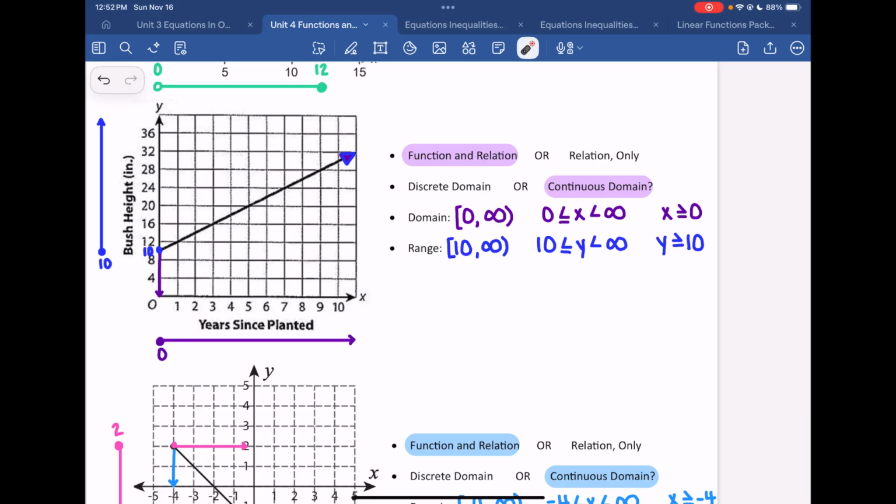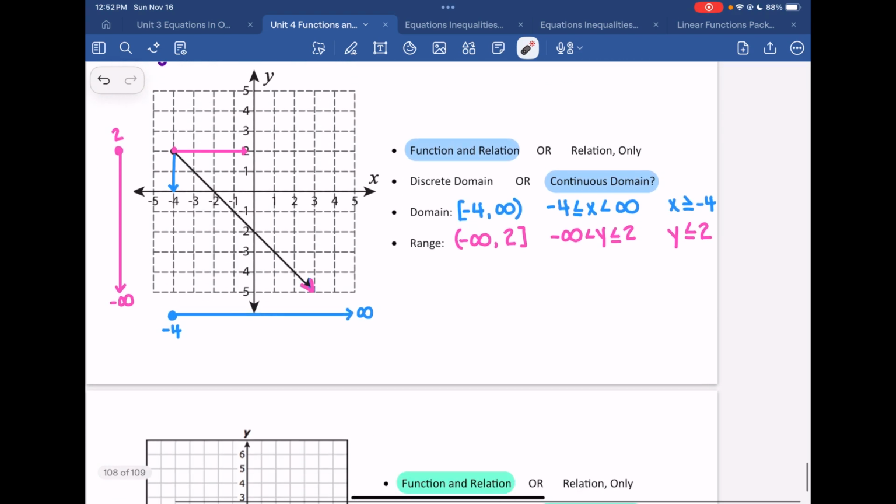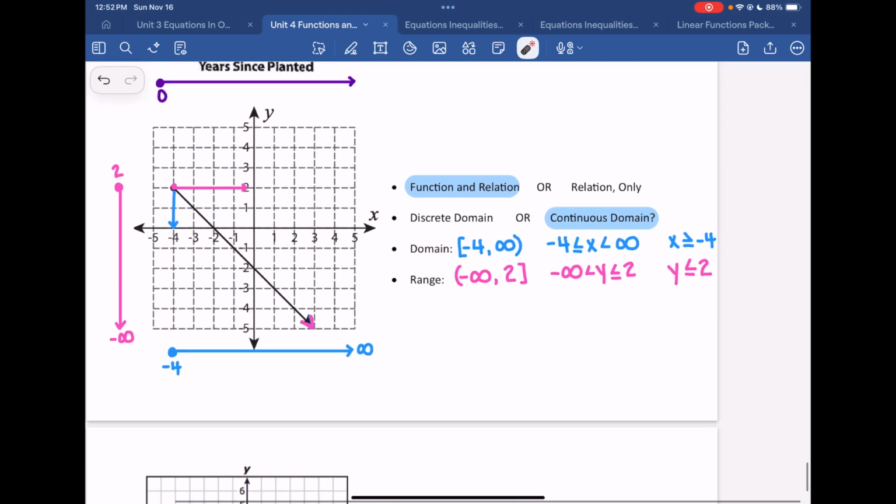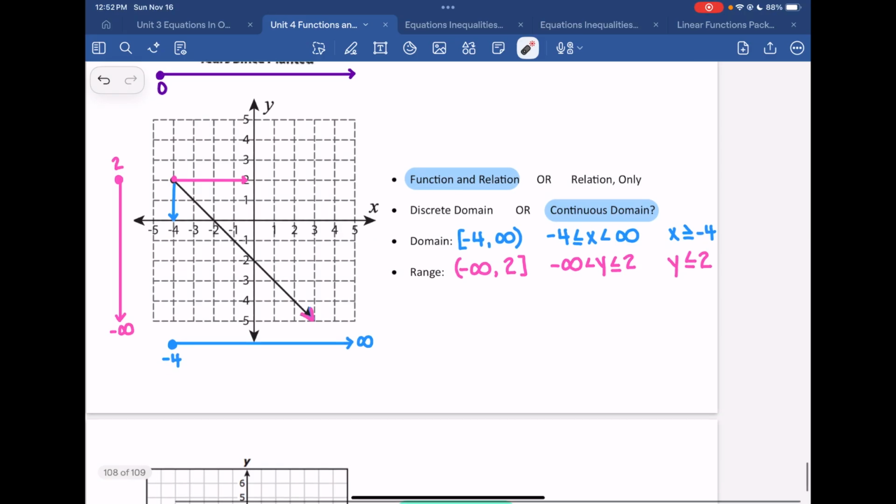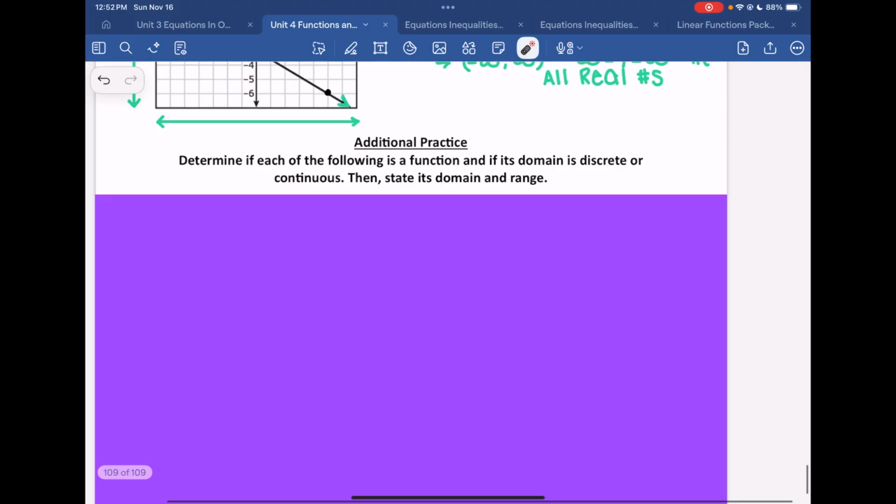They're not just whole numbers or just integers. There's too many. You can't list them. So in that case, it's either an interval or an inequality. When you're doing the interval, you have to put the smaller quantity first. And when you're doing domain, remember domain is left to right, range is low to high, and use the variables that are provided.